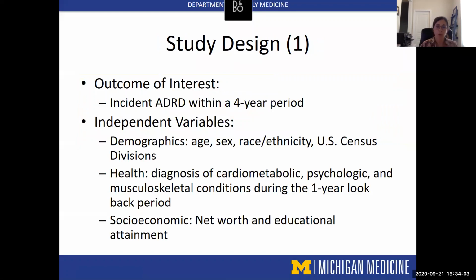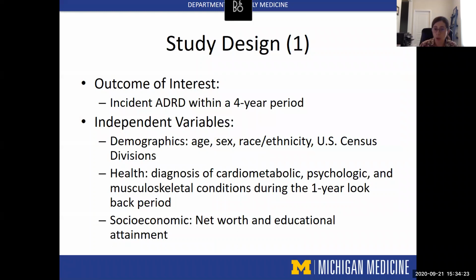So for study design, again, our outcome of interest was incident ADRD within a 4-year period from the index time. Our independent variables were demographics: age, sex, race, ethnicity, and US Census Division.